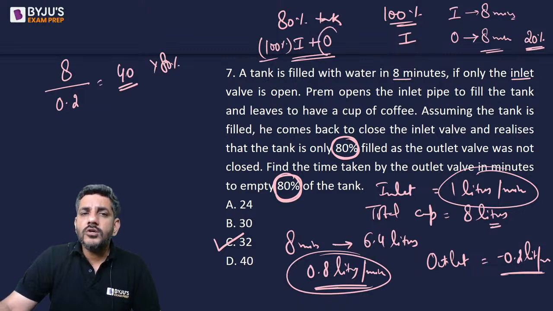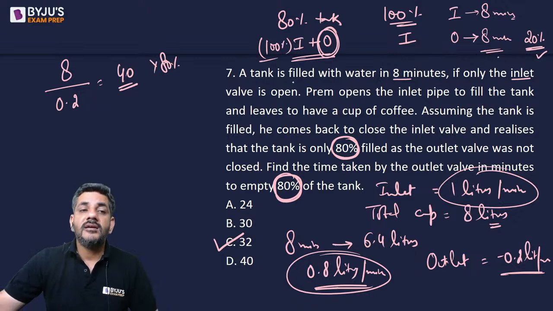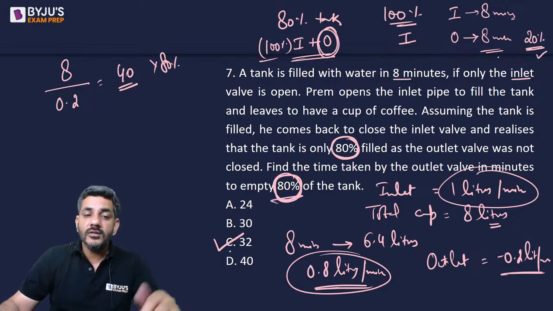So outlet took out 20% of the tank in 8 minutes. तो अगर 20% वो 8 मिनट्स में खाली कर रहा है तो 80% 8 इंटू 4, 32 में खाली करेगा.